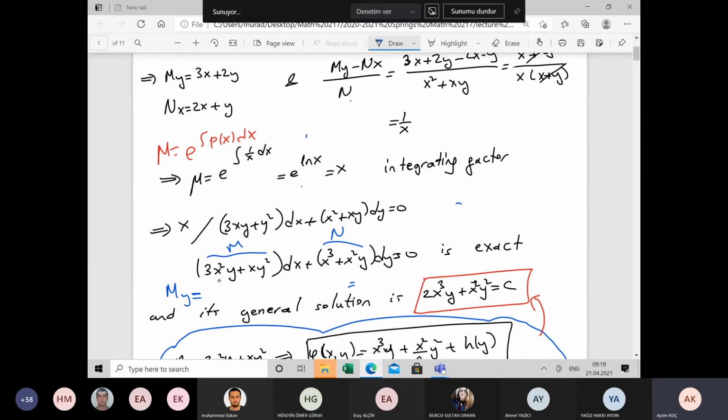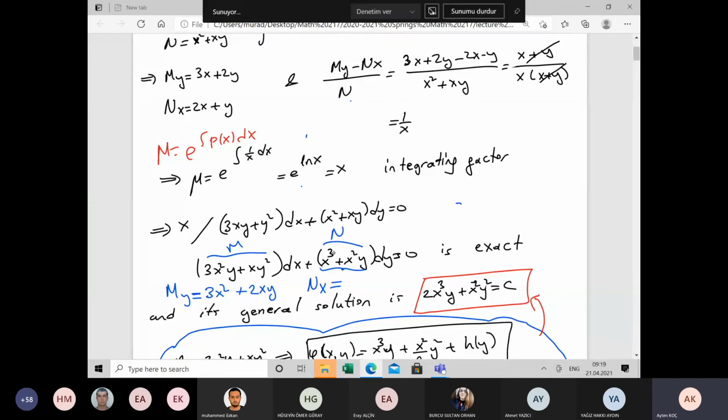So 3x squared times 1, plus the partial derivative with respect to y of 2xy. And N sub x is the partial derivative with respect to x, considering y as a constant: 3x squared plus 2xy. Yes, they are equal. Our equation is an exact equation.